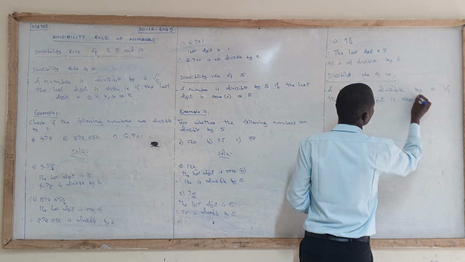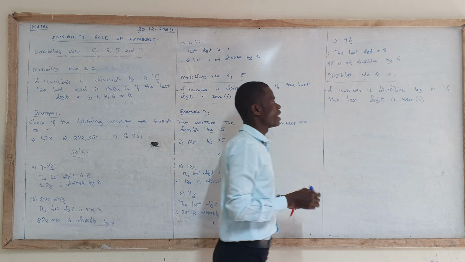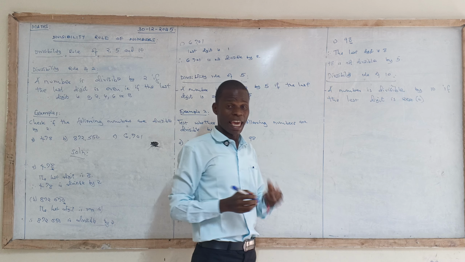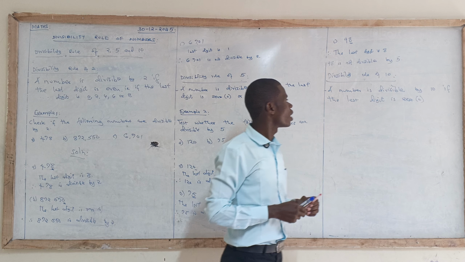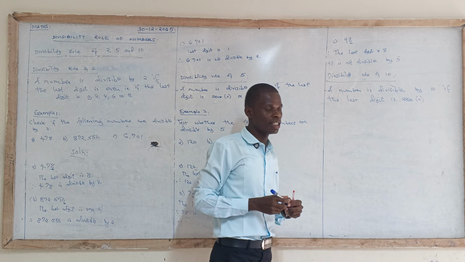So I'm writing 0 in words and 0 in figures so that I emphasize it is this 0 I'm talking about here. A number is divisible by 10 if the last digit is 0.